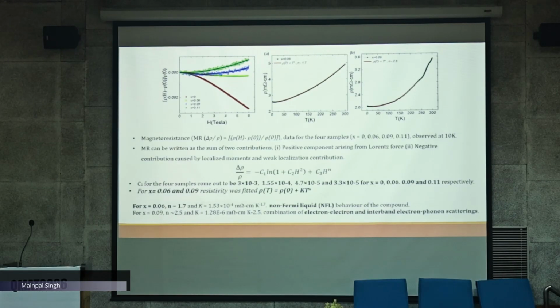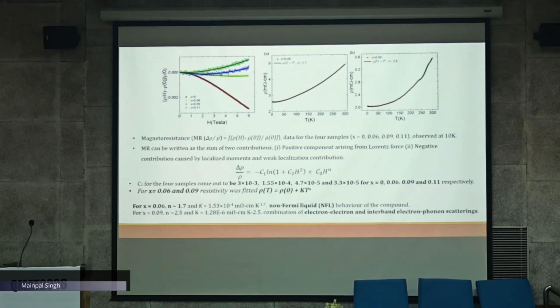But if it had been due to weak localization predominantly, there would be a cusp-like behavior. In the pristine sample, the completely parabolic nature suggests that local moments dominate the magnetoresistance.